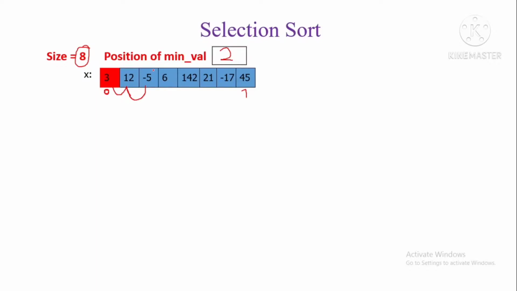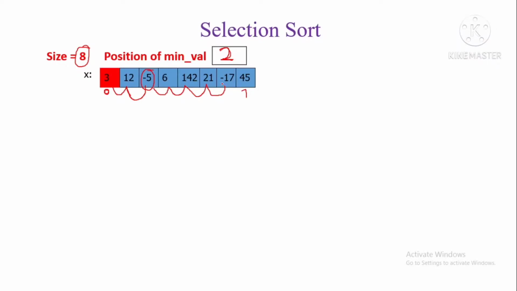Now I am going to compare this -5 with the other values. Whatever position I have stored, that value will be compared with the remaining elements. Now, -5 is compared with 6. 6 is the larger one, so we will not make any change. Now, -5 is compared with 142, -5 is compared with 21, and now -5 is compared with -17.